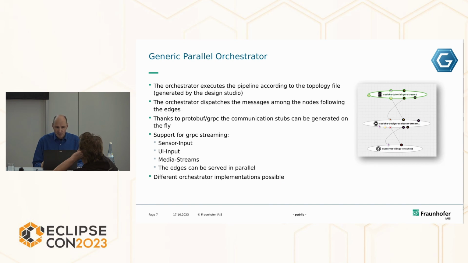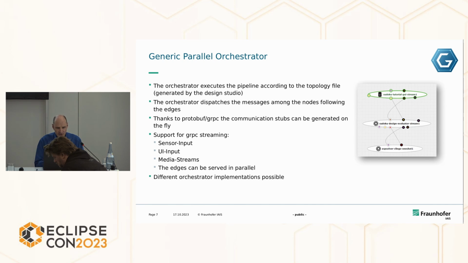And at the very core of our execution environment is our generic parallel orchestrator. And the orchestrator looks at the pipeline definition and dispatches the messages accordingly. So it looks for the first node and then dispatches the messages from one node to the next according to the edges.